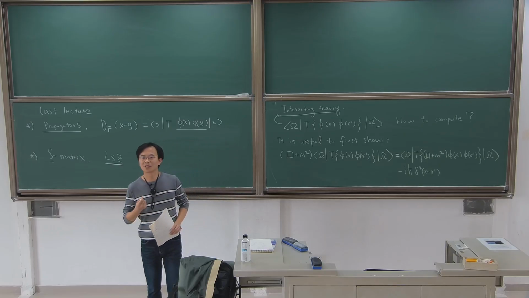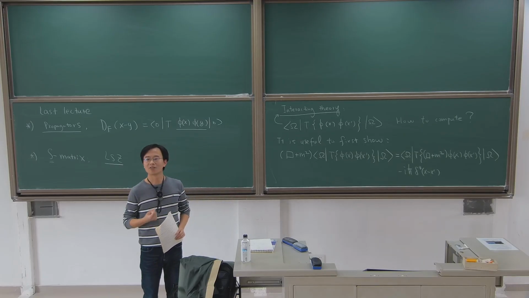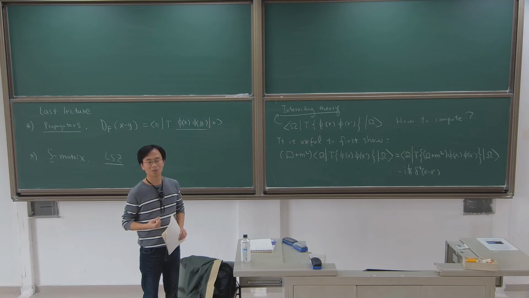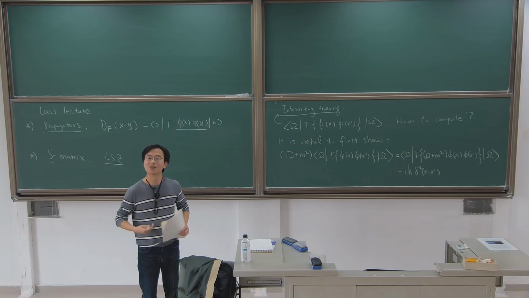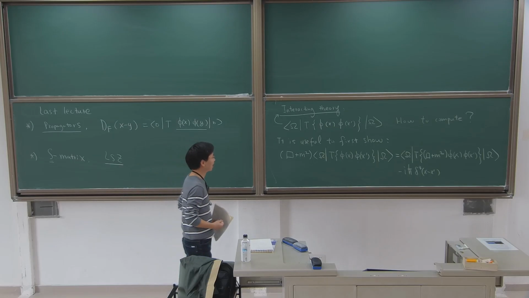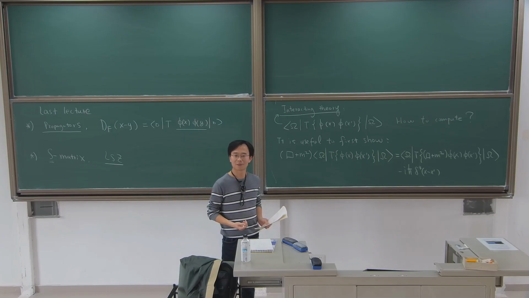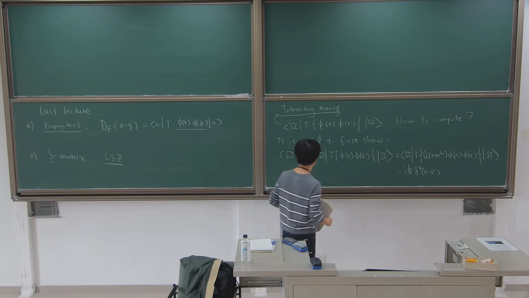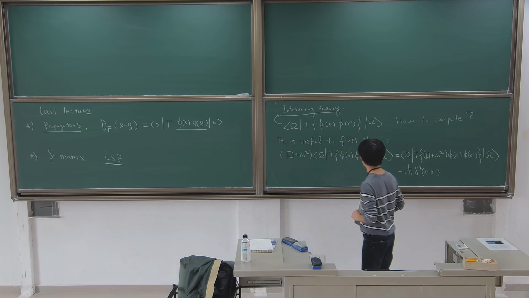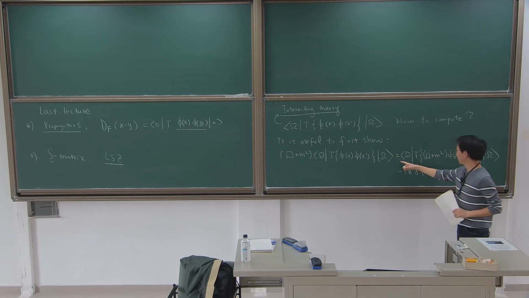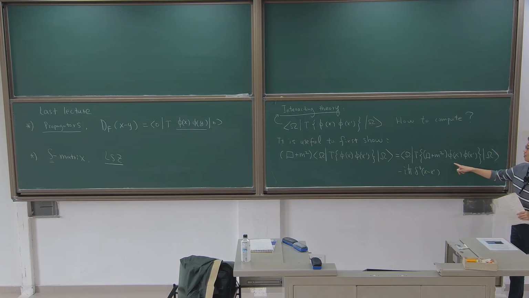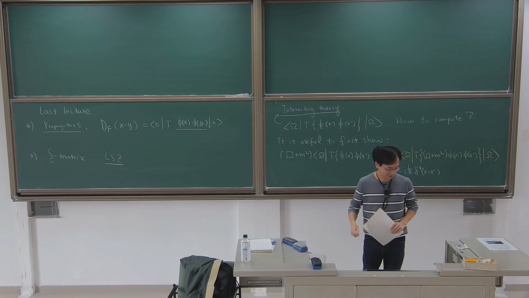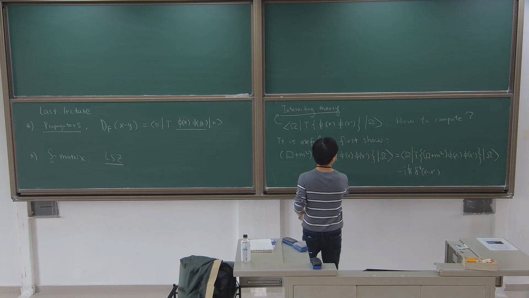We try to use the equation of motion. In quantum field theory, the equation of motion can now be promoted, or understood, as an operator equation. We try to use the operator equation to solve this problem. So this is one of the very important operator equations, as you can see.